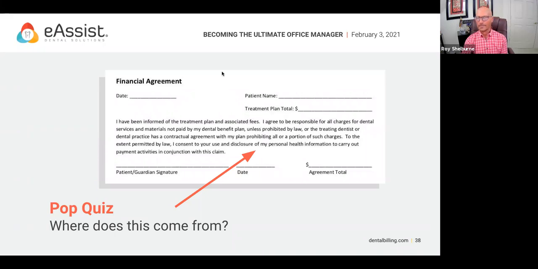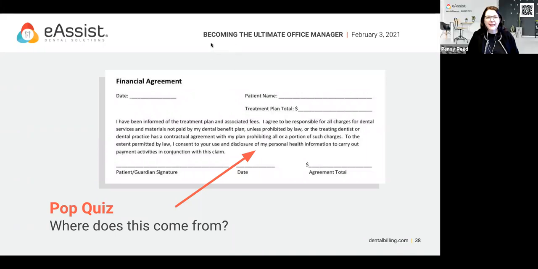You know what, for the sake of time, I'll just tell you that it comes from the ADA claim form. And the reason that most of us, even I, didn't know that it was there is because years ago, we quit using the little printer, the noise that the printer used to make if you've been in dentistry for a long time, or the little laser printer, when we got away from really doing paper claims and we began to just check that little box that says signature on file, right?